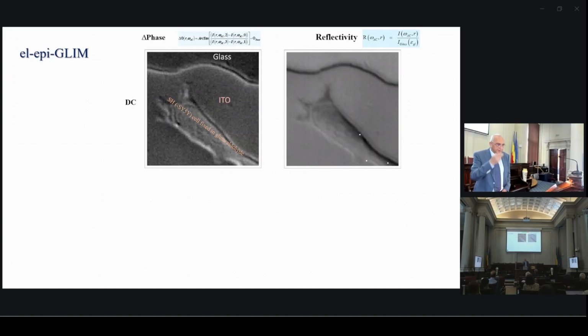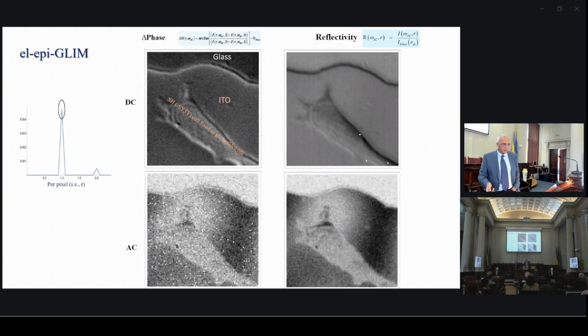So what we did was to measure using this method a cell which was fixed on top of an indium tin oxide electrode, and that's the result provided by optical measurements and by performing the Fourier analysis of the time series of the intensities measured on each pixel.